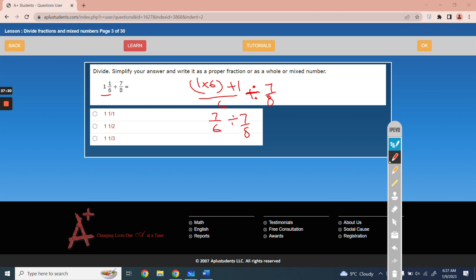Just replace the division sign with multiplication. So it is then 8 over 7. Just do numerator times numerator and denominator times denominator. It is 6, not 8. Okay, you can cancel out the 7. They are common from both the numerator and denominator.